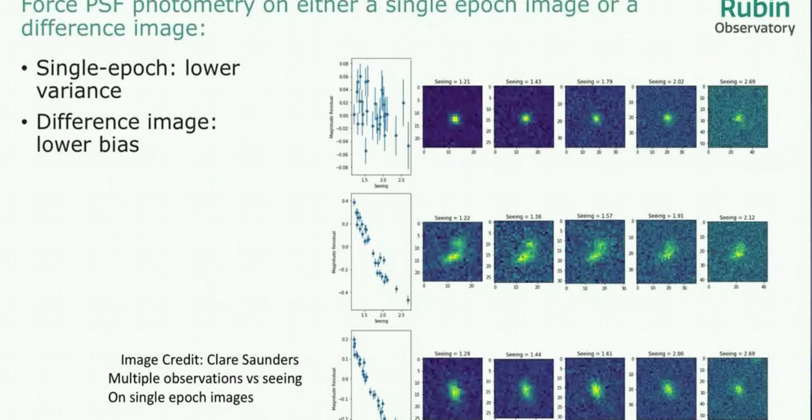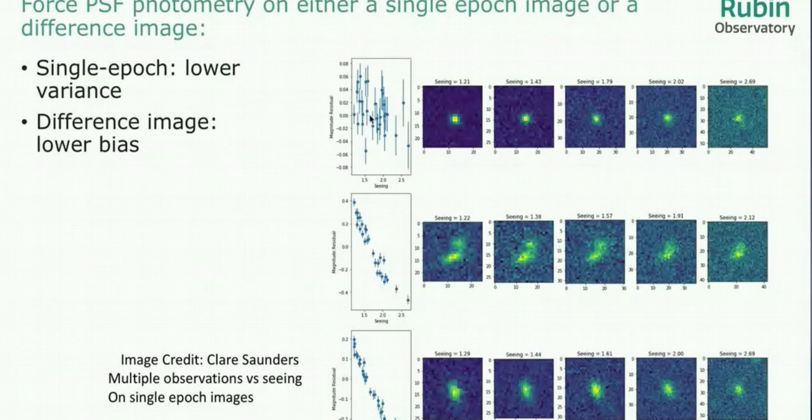However, they are also biased. So in this series of thumbnails from Claire Saunders, she is looking at multiple observations of the same source and then plotting the residual PSF flux as a function of the seeing of the observation. So for an isolated star, the forced PSF photometry looks pretty constant.